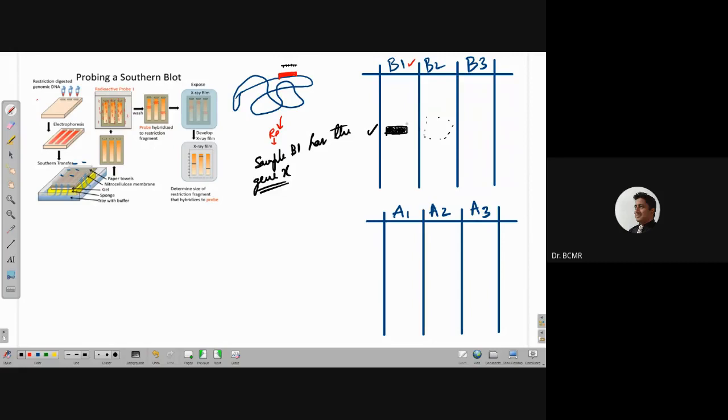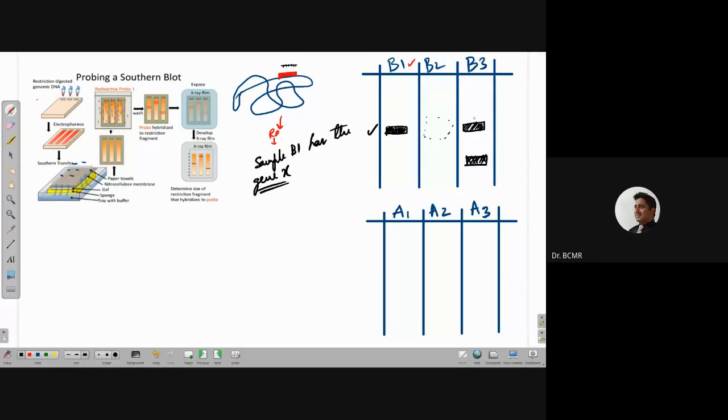So it would mean that bacterial sample B does not have gene X. Now I have a different situation like this. What would that mean then?